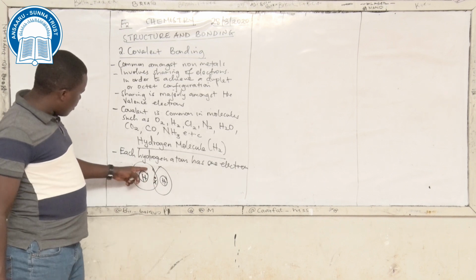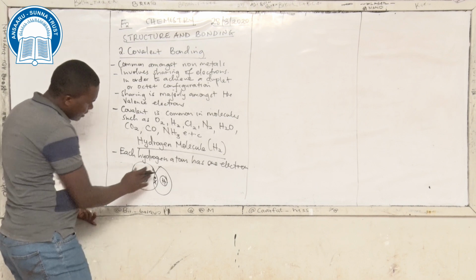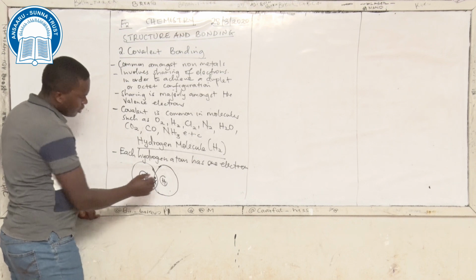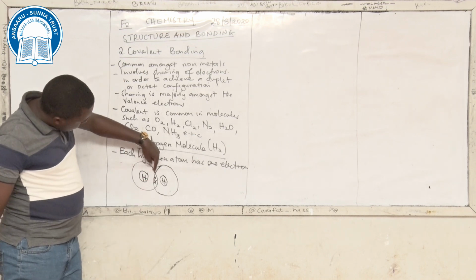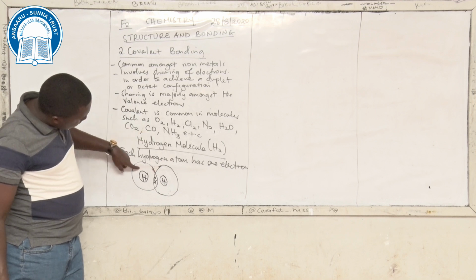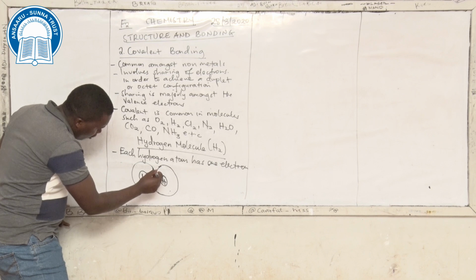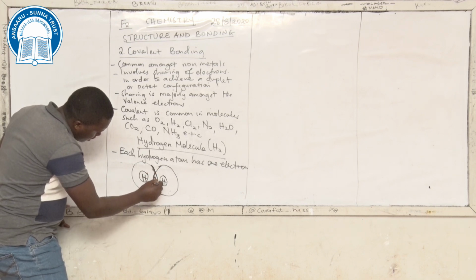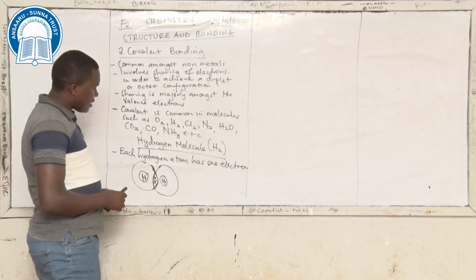So you can see now the two energy levels have two electrons each. This one is from this hydrogen, the other one is from the other hydrogen, and therefore they share. You can see there is some overlap of outermost energy levels, and this space is where the sharing of electrons takes place.